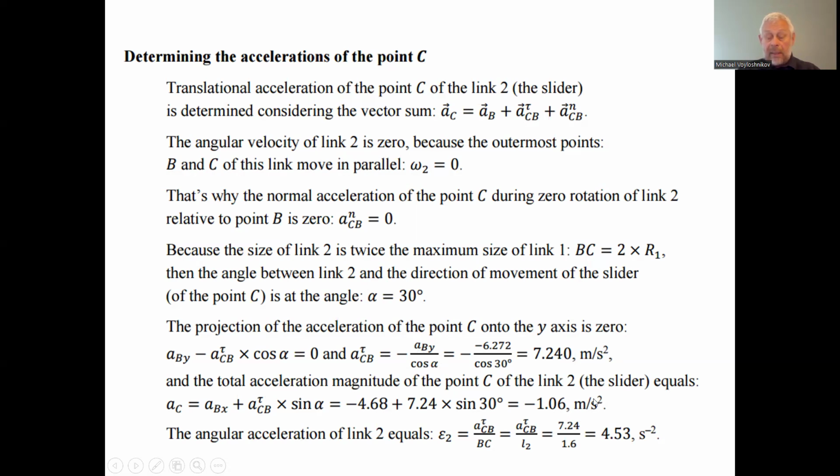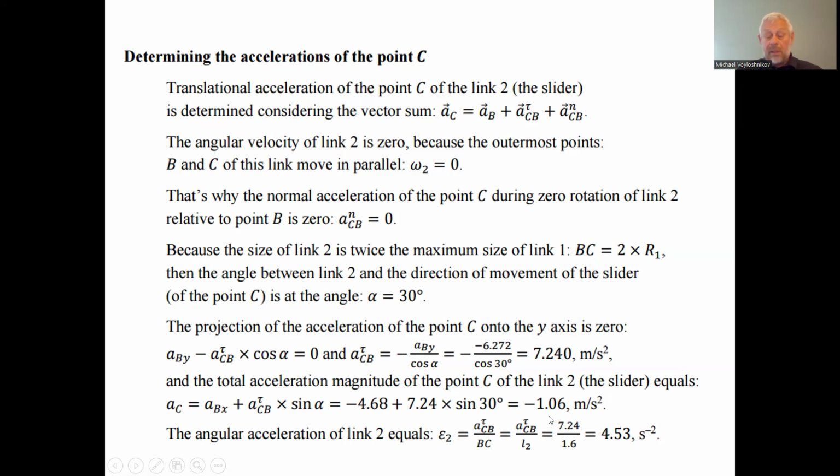The total acceleration magnitude of point C of the slider equals, we say link for the wheel, connecting rod and slider; each element of the mechanical system we indicate in this assignment as a link. It equals the acceleration of point B projected on the horizontal axis plus the tangential acceleration of point CB multiplied by sine alpha.